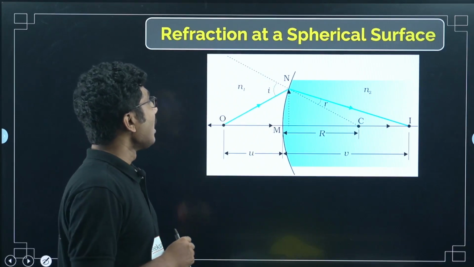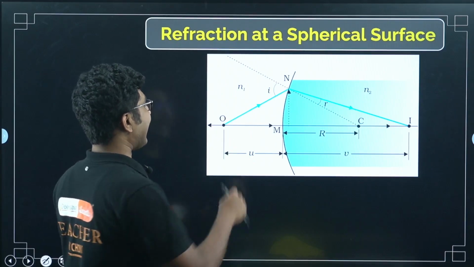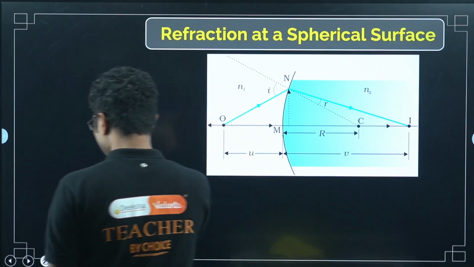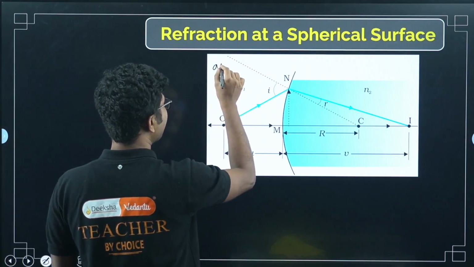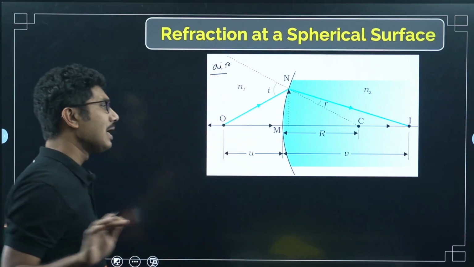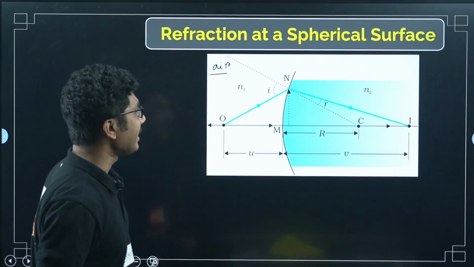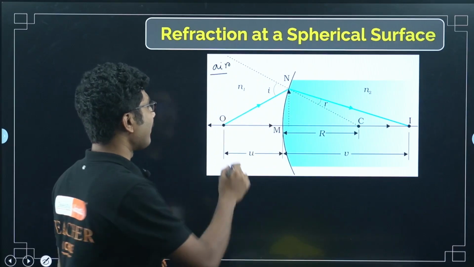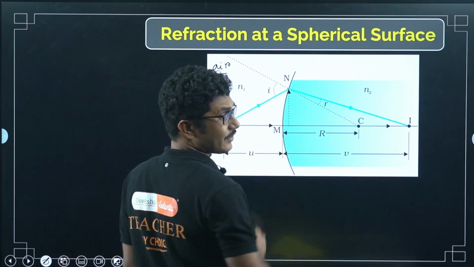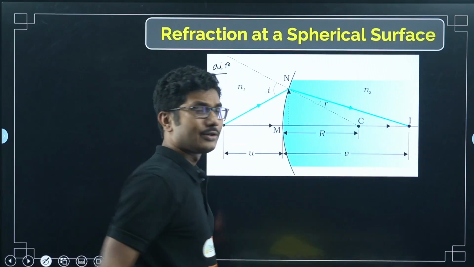Now suppose we have a ray of light in air. Assume that this medium is air. Not necessarily it will be air, but for some time assume this is air. An object is located at some point and it is sending light in all possible directions. After reaching this surface, what will happen to this ray? It will refract into the second medium.